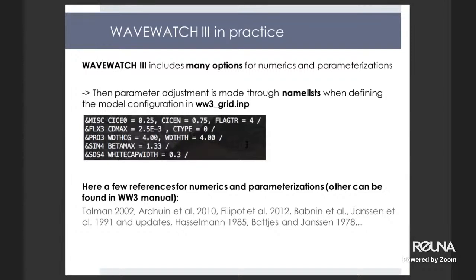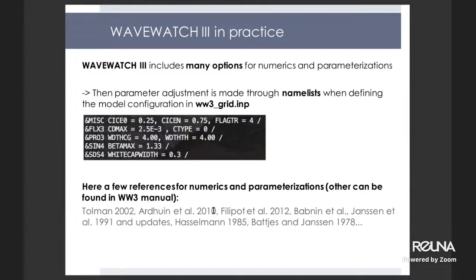And this is just a caption of what can be set up. So first there is a keyword for saying in which switch it will be applied. So for example, PR3 is the propagation scheme of third order. And then there are some coefficients that can be set up.